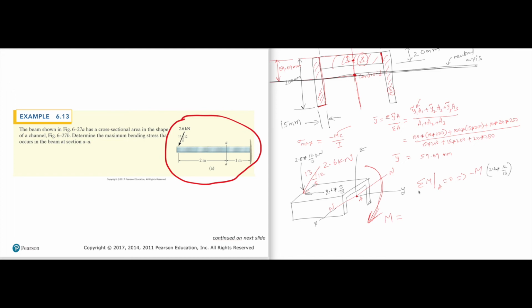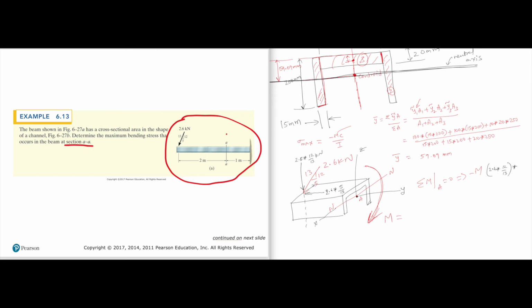That's the force times what is the distance of the 2.6 times 12 over 13, which is this line, from A. Is the length given? Isn't it 3? Or no, the question is determine the maximum bending stress that occurs in the beam at section AA.